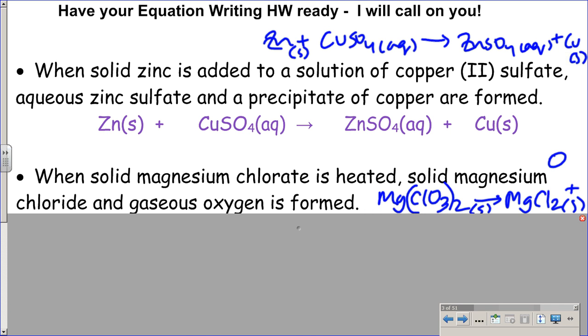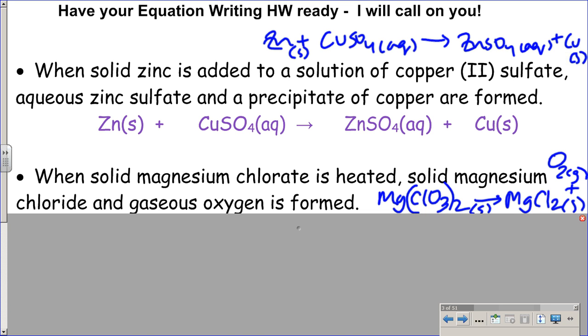Oh, somebody help him. O2. Diatomics. Don't forget your diatomics, and they exist by themselves. They have to have a buddy. So that's like the big 7 in hydrogen. So the big 7 includes, who's the first one on the part of the 7? Nitrogen. So that's N2 by itself, O2, F2, Cl2, Br2, I2. That's it.